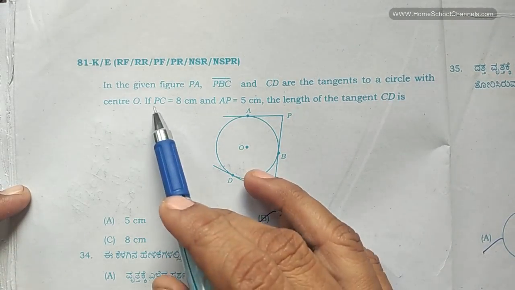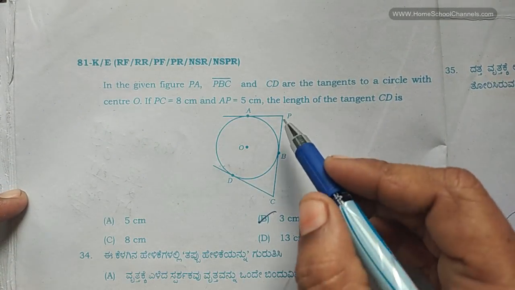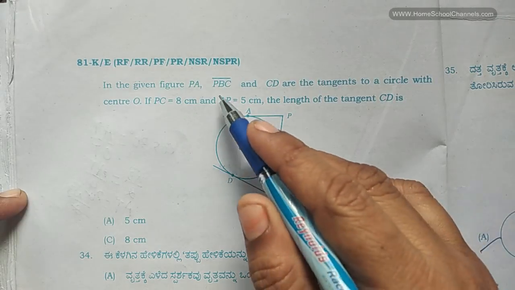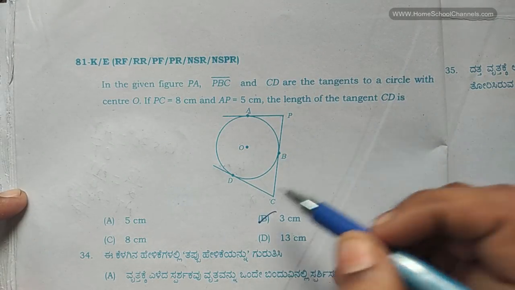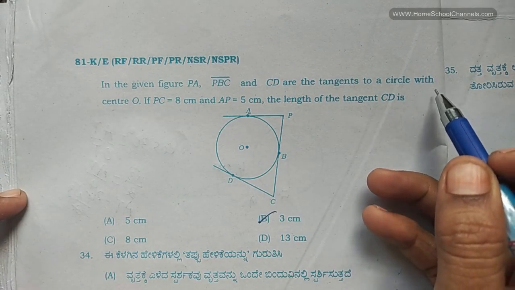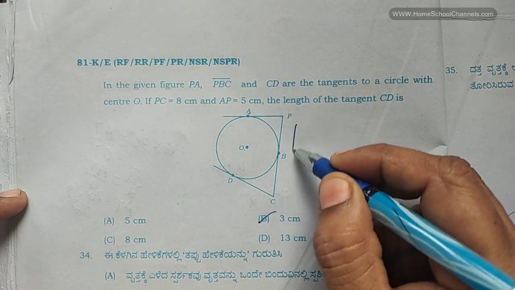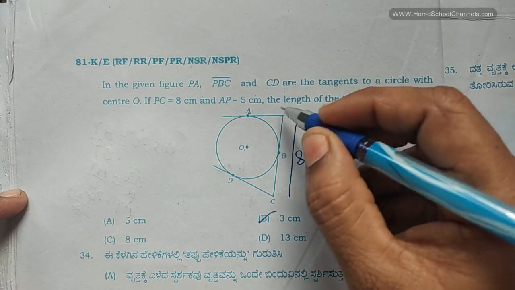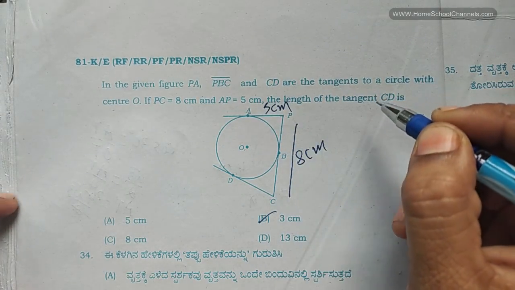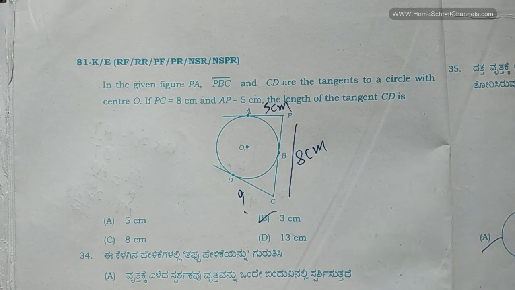33rd one, in the given figure, PA, PBC is a line and CD are the tangents to a circle with center O. If PC is equal to 8 centimeters and AP 5 centimeters, the length of tangent CD is your question.